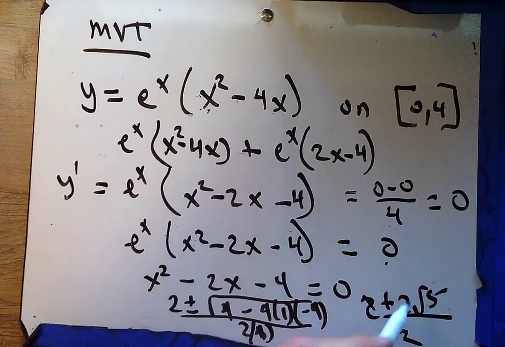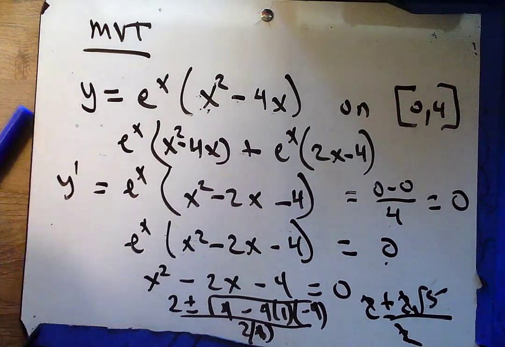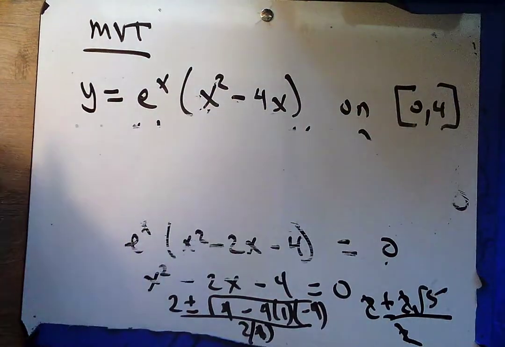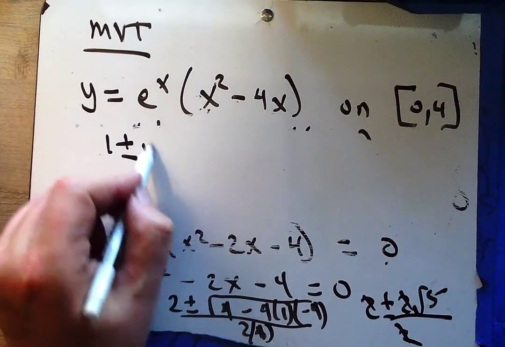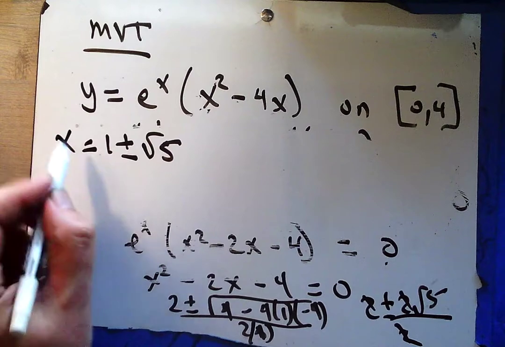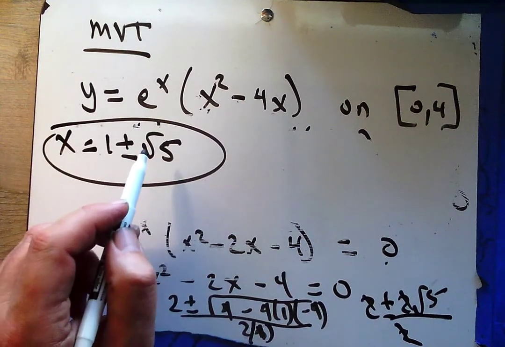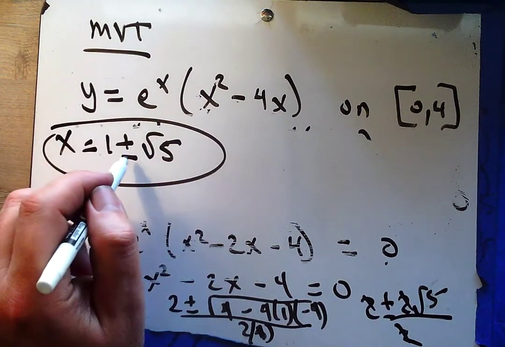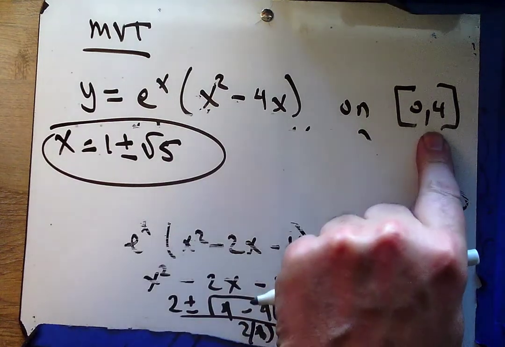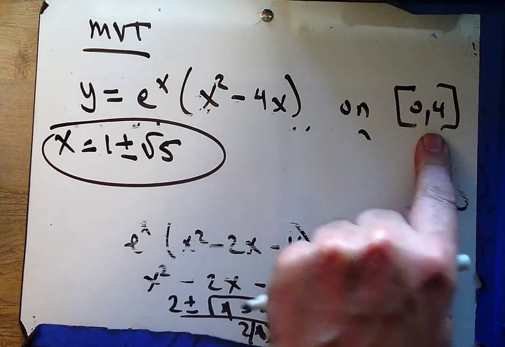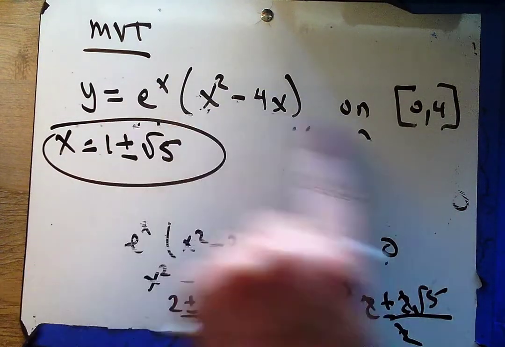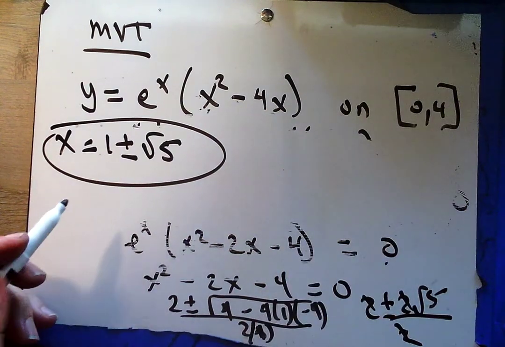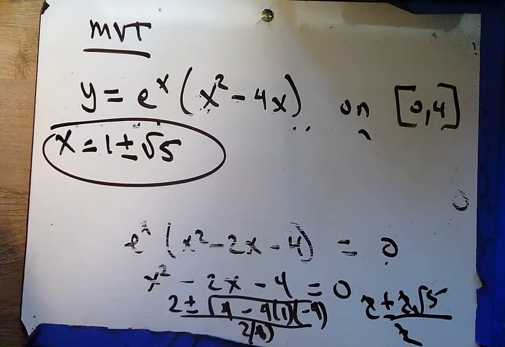Dink, dink, dink. So 1 plus or minus root 5. At these places, the tangent line will have the same slope as the average rate of change on this function on that interval. Nice. Turns out there were 2.